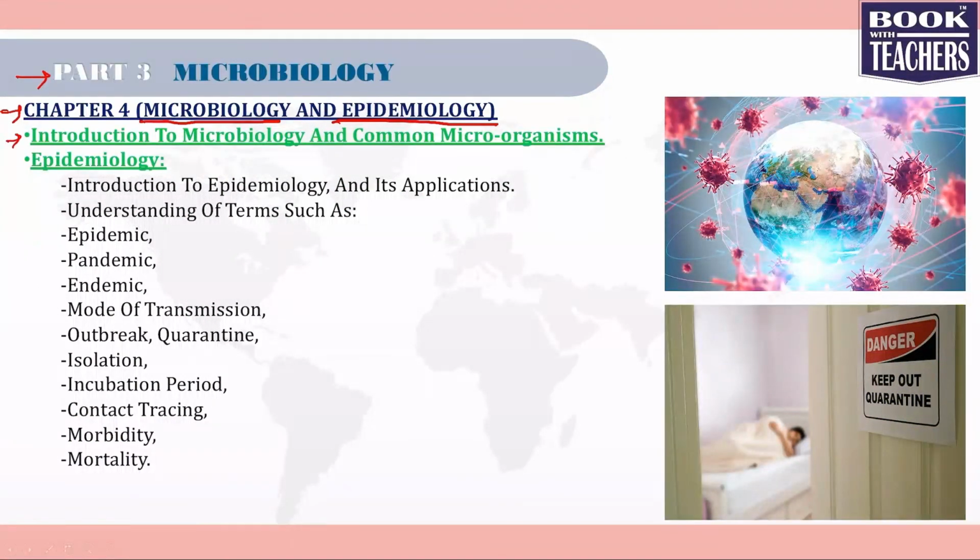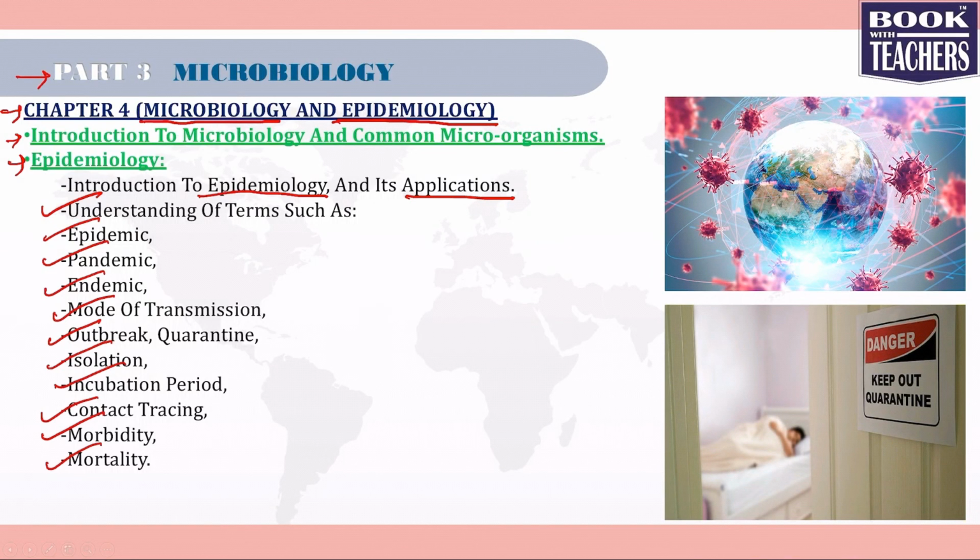Then we will move on to epidemiology, where we'll be learning introduction to epidemiology and its applications and understanding various terms such as epidemic, pandemic, endemic, mode of transmission, outbreak and quarantine, isolation, incubation period, contact tracing, morbidity and mortality.